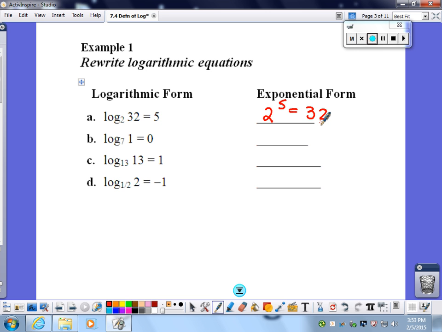All right, let's try the second one. Locate your base first. So 7 is the base, and the exponent is the one by itself: 0. So 7 to the 0 is equal to 1. All right, why don't you try the next one? I'll give you a little bit of a head start. The answer should be 13 to the first power equals 13.